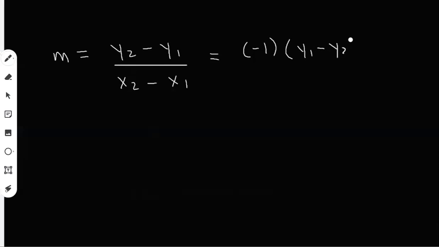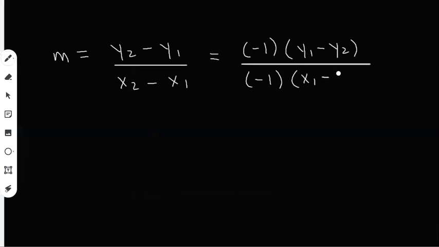So if you have y2 minus y1 on top, and you have x2 minus x1 on the bottom, what you could do is switch the order, but that would require taking out a -1. So I take out a -1, and the order is going to flip. And then I can take out a -1 at the bottom, and that order is also going to flip.